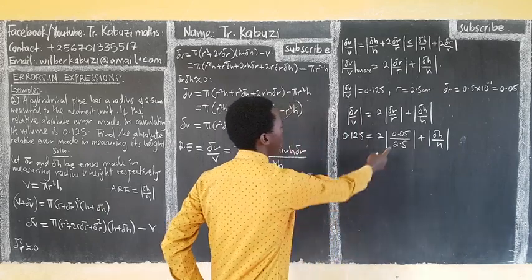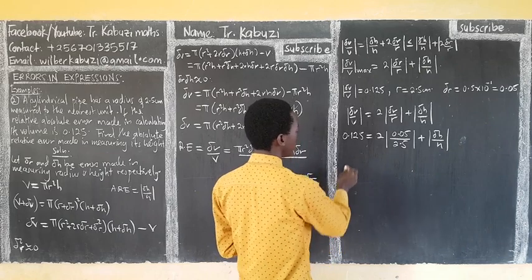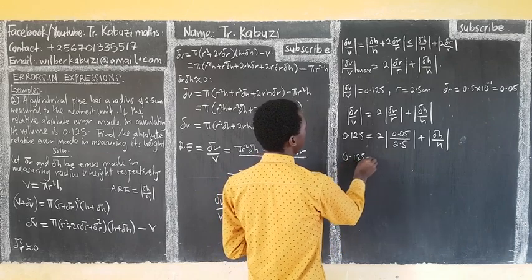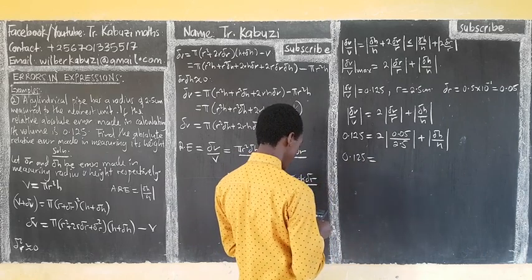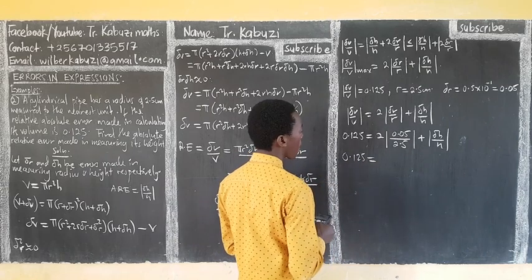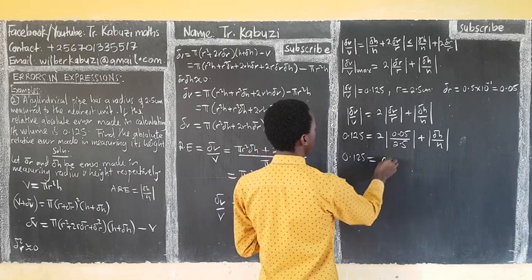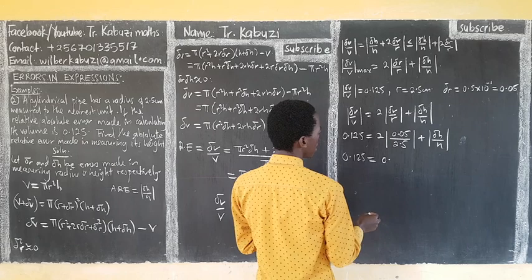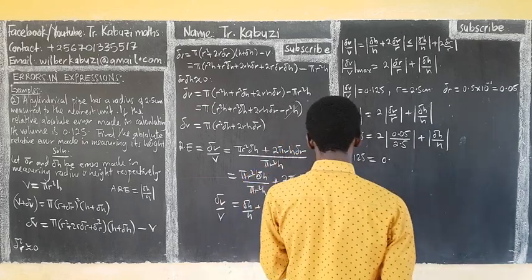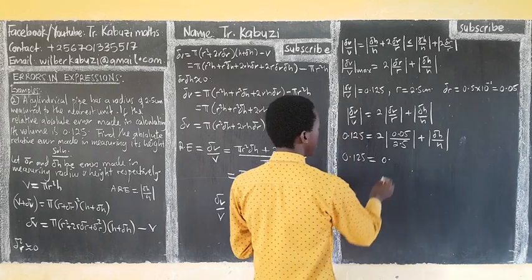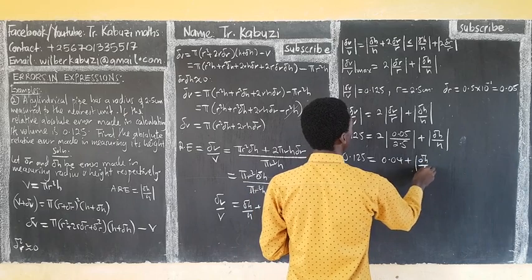From there, you get 0.125 equaling to, this one you can easily multiply, 2 times this will be 0.04 plus sigma h over h.